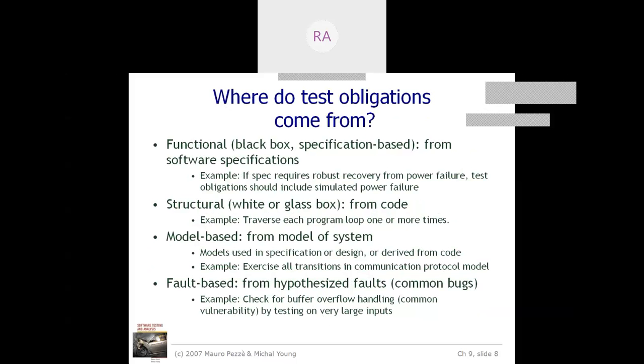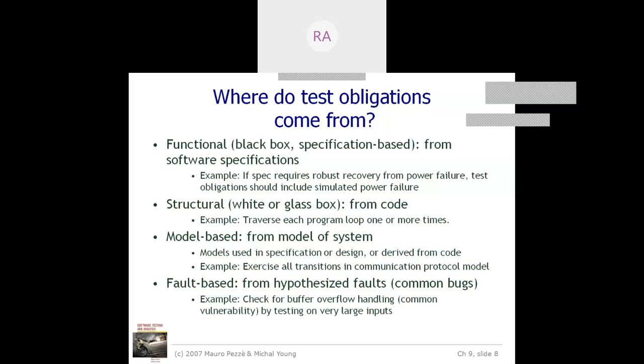So whenever the specification requires robust recovery from a power failure, you have to test whether the system can be recovered instantly. How do you check it? The test obligation should include a simulated power failure. You have to have that situation, then only can you test whether your system can be up instantly after the power failure or not.